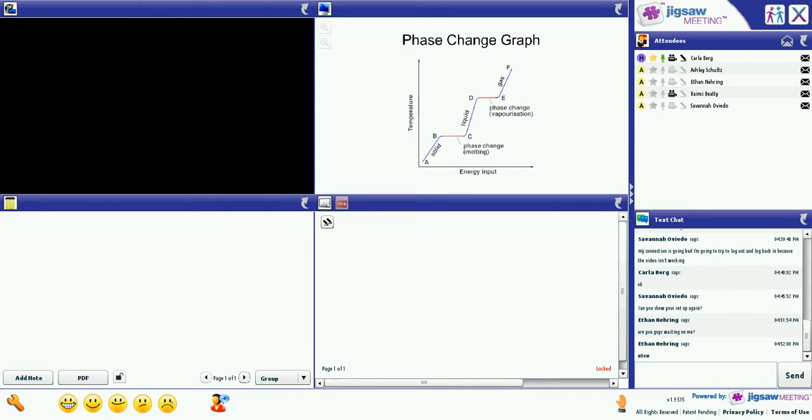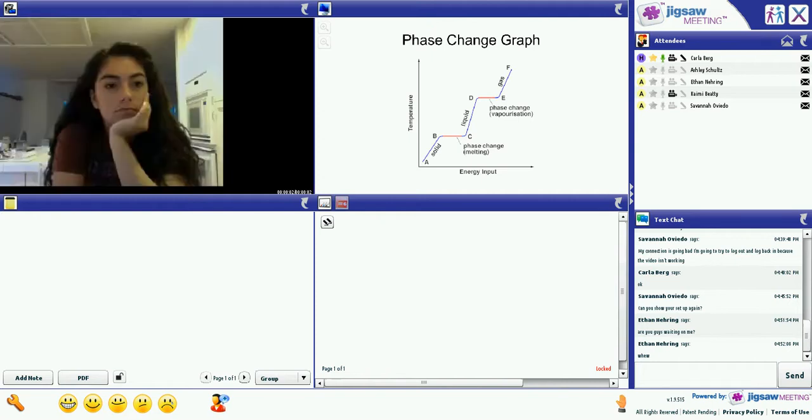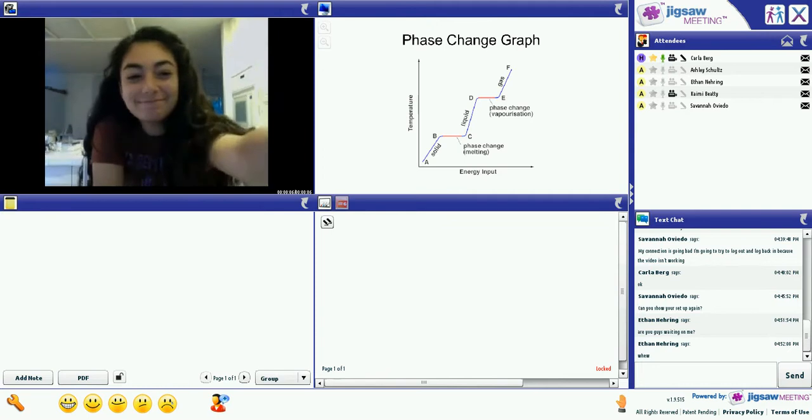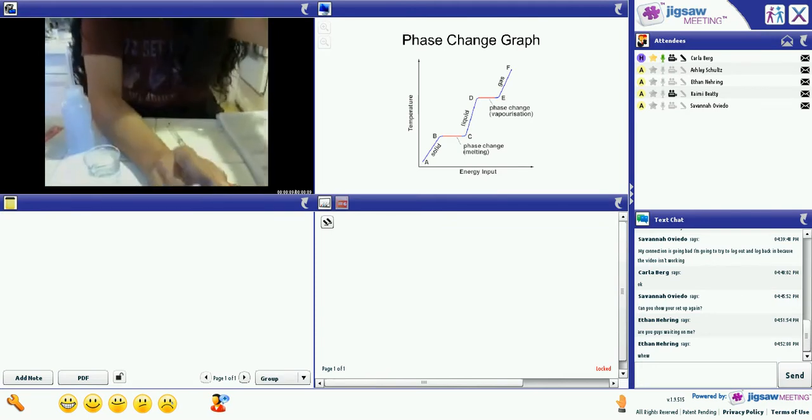Where my video normally is, Amy, there is a picture. It's a blank screen right now. You're going to click underneath. It says allow your video to be shared. Click there. And hopefully your video, it looks like it's loading. Oh, there you are. Yay. Perfect. Great.